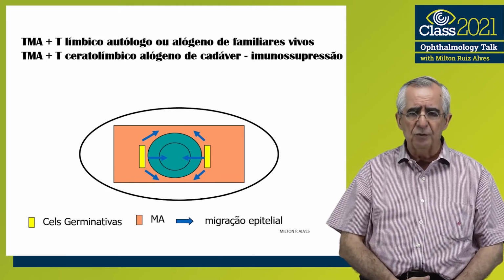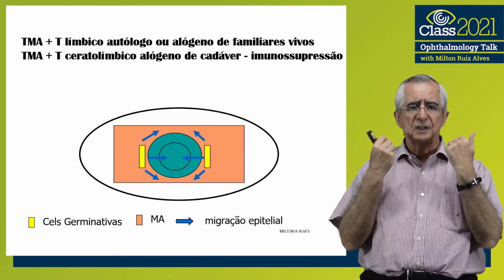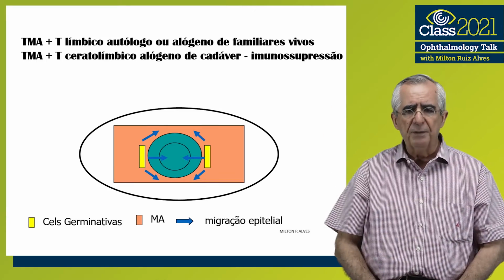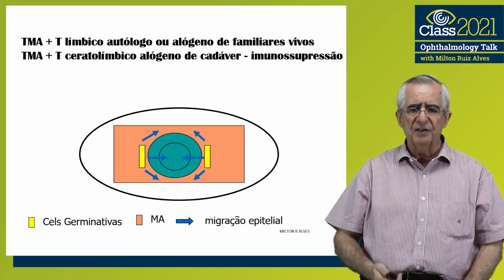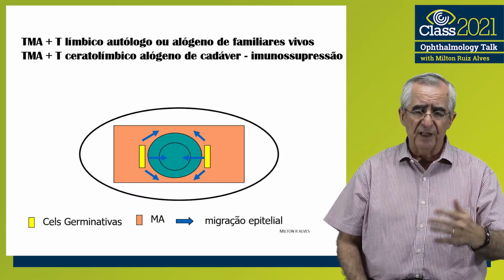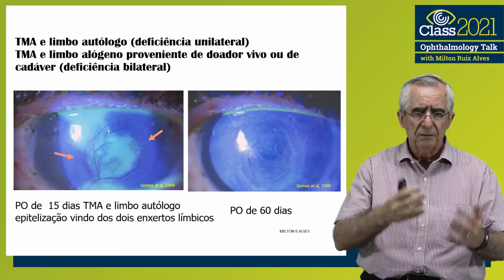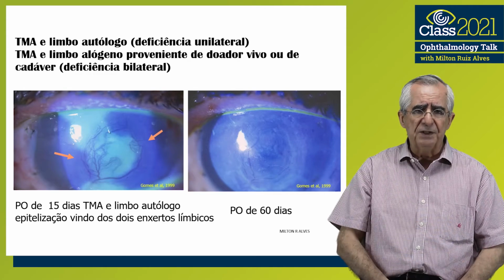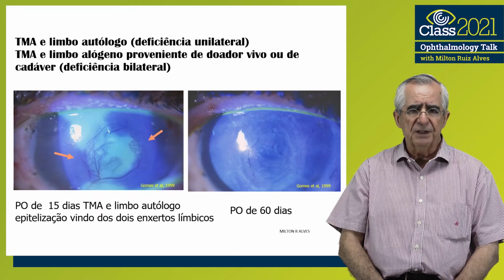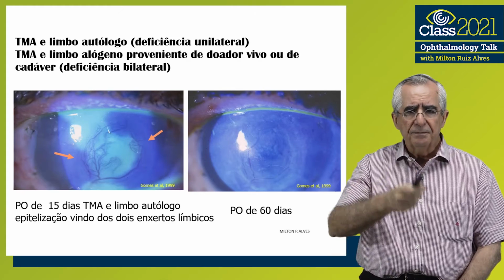In the scheme we are seeing, we have a limbal and amniotic membrane transplant to favor the expansion and migration of healthy epithelium for the recovery of this surface. Here we see a case of Dr. Gomez, who underwent autologous limbal transplantation with amniotic membrane transplantation, showing epithelialization coming from the two limbal grafts.